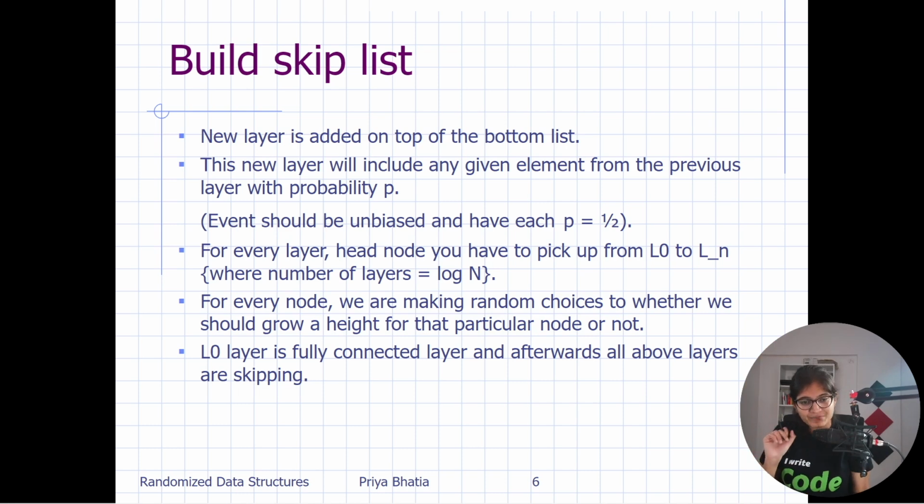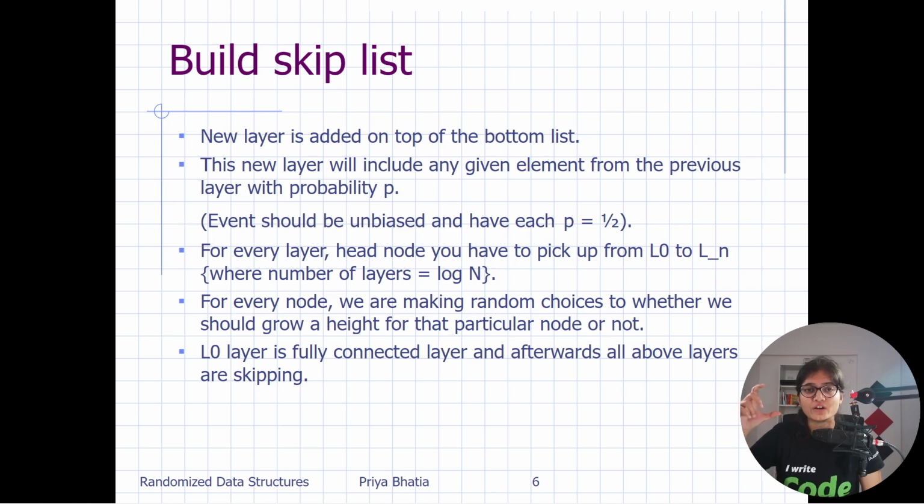Now, starting from the L0 layer, when you are trying to create the L1 layer, how will you decide for which particular node you should create a node, or for which particular node you should skip that? For every node, we are making a random choice whether we should grow the height for that particular node or not. L0 layer is the only layer which is a fully connected layer.